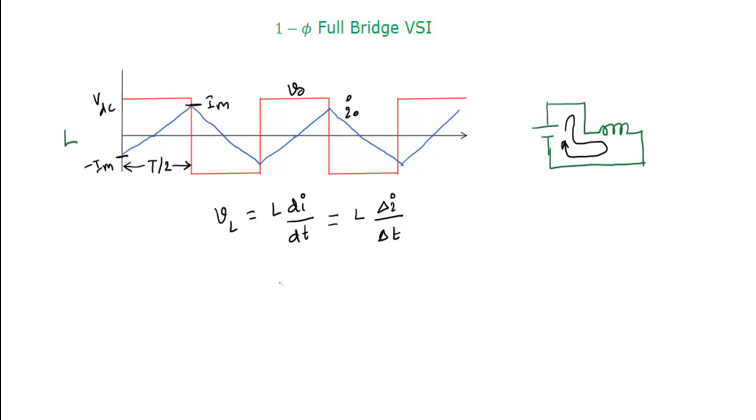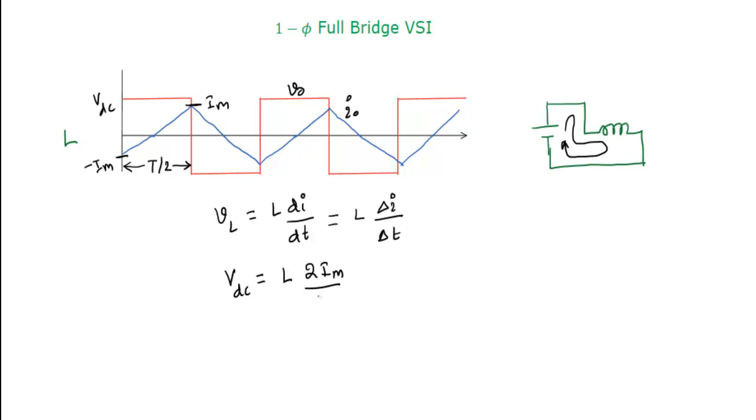So if you look at this one, during this time, the voltage across the inductor is VDC, and the inductance value is L. Change in current in this t by 2 seconds, how much change is there? Minus Im to Im, that means final value minus initial value. So that will give you 2 times Im, over how much time? T by 2 seconds.